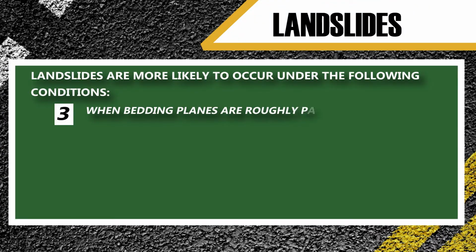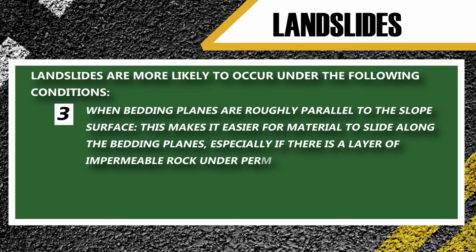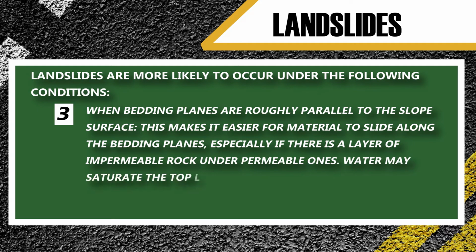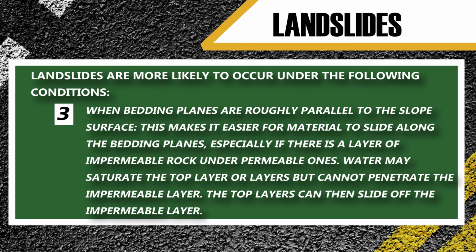Another way landslides can occur is when bedding planes are roughly parallel to the slope surface. This makes it easier for material to slide along the bedding planes, especially if there's a layer of impermeable rock under permeable ones. Water may saturate the top layer or layers but cannot penetrate the impermeable layer, so the top layers can then slide off.